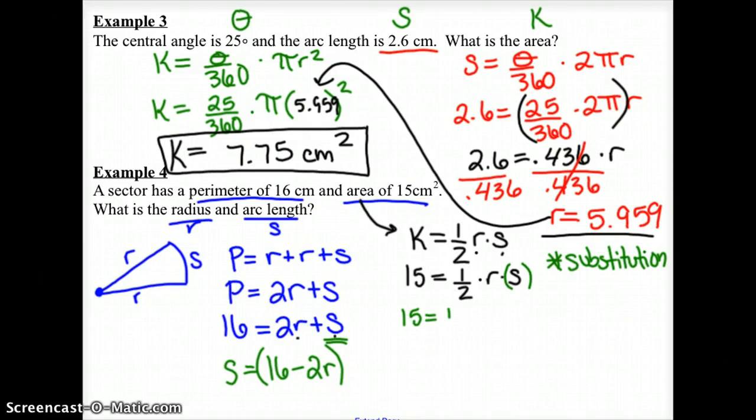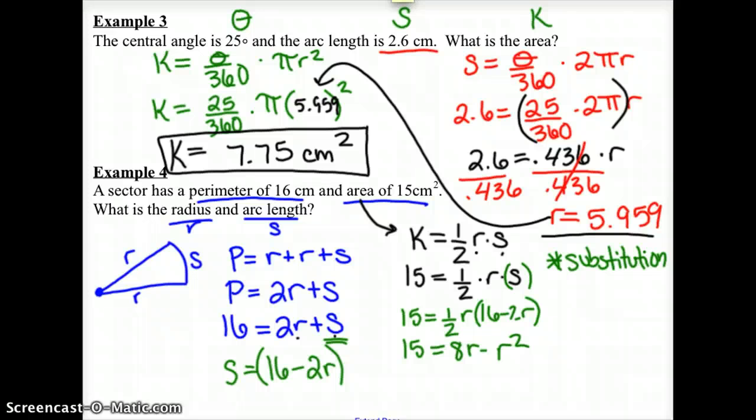So 15 equals 1/2 r times 16 minus 2r. If I distribute, that gives me 8 times r minus 1r squared. Now, since it's quadratic, I do need to get it to equal 0.